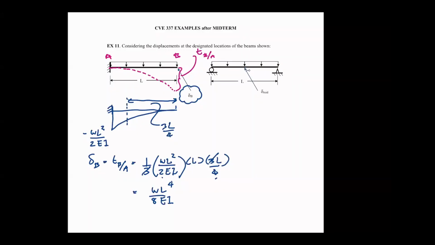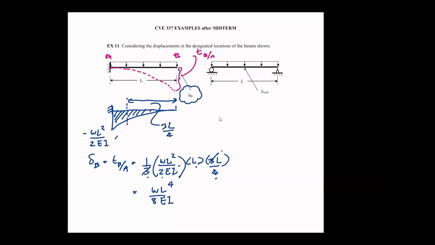Okay, so here it is. This is your moment area. This is the maximum value, WL square over 2, right? And to calculate the displacement here, if I use the moment area method, it's exactly equal to TBA. And TBA is the area of this, which is 1/3, multiplied by the height, and then multiplied by the base length.